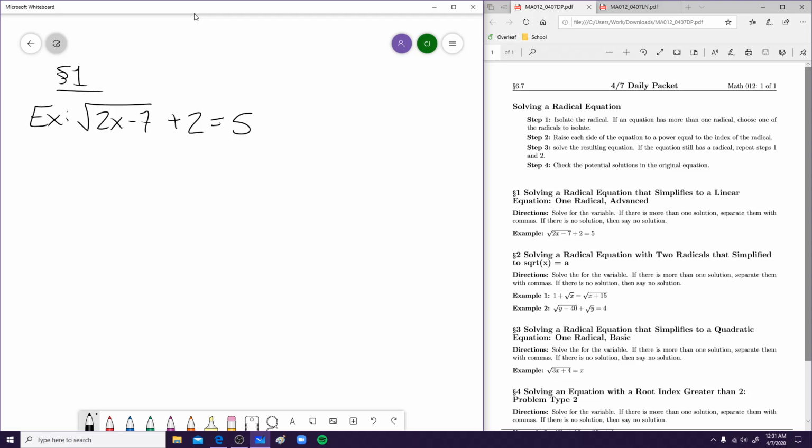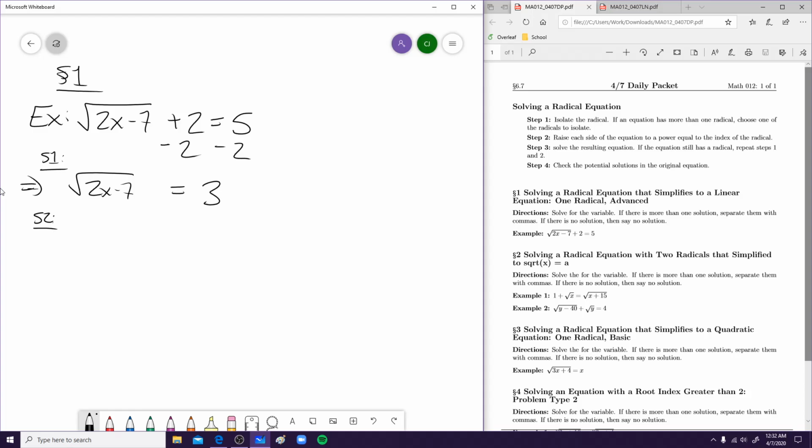It's this plus 2, so we're going to subtract 2 from both sides. That gives us the square root of 2x minus 7 is equal to 3. I want to emphasize that the reason I'm using arrows is because I have an equal sign here, so we're going to use arrows instead of equal signs. And this was step 1.